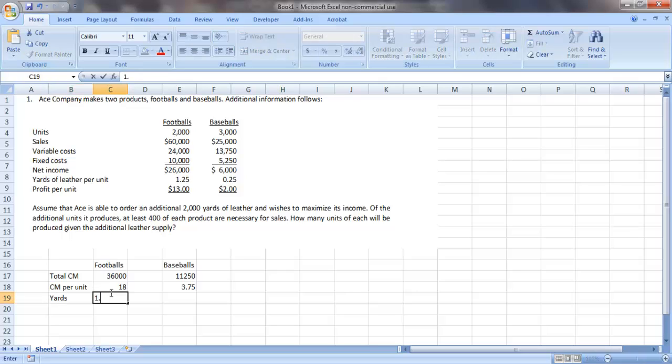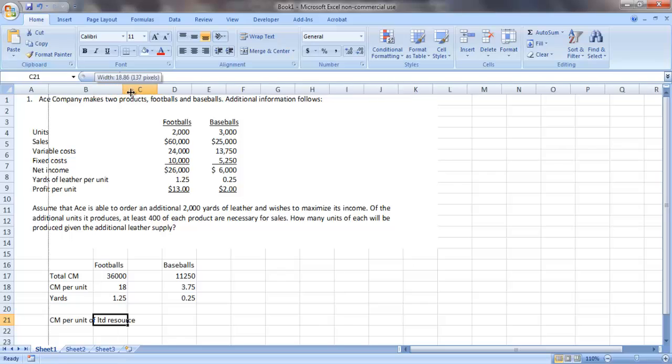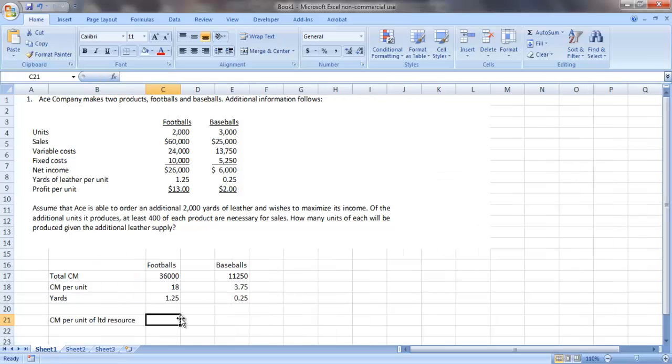So the football again requires 1¼ yards of leather to produce per unit. The baseball requires just 1/4 yard of leather. So we can say that the contribution margin per unit of limited resource of each product can be found as such.